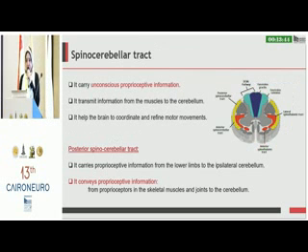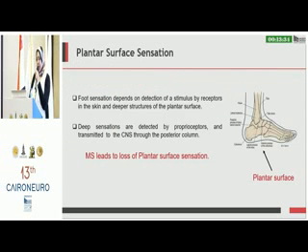The spinocerebellar tract is also responsible for carrying unconscious proprioceptive information to the brain. Due to demyelination of the axon, as we said, the plantar surface sensation of the patient will be affected.